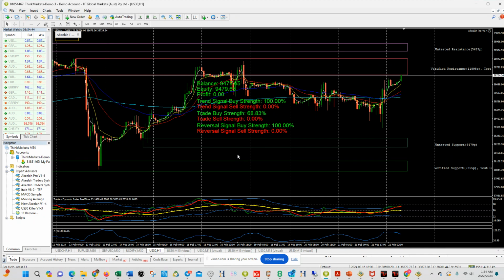Let's say in this example, I'm using the 4-hour time frame. So here on US 30, the 4-hour time frame is what I have defined in my settings as the trend. So it's scanning the 4-hour time frame, and it tells me right now, based on everything that I'm reading, the 4-hour is bullish. And not only is it bullish, it's very strong bullish. It's at 100%.